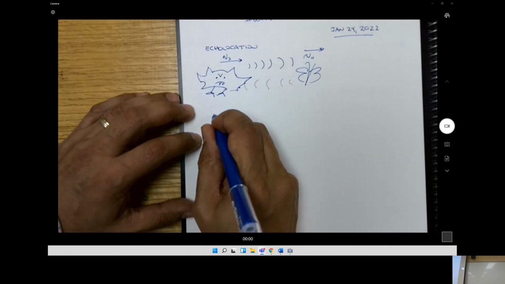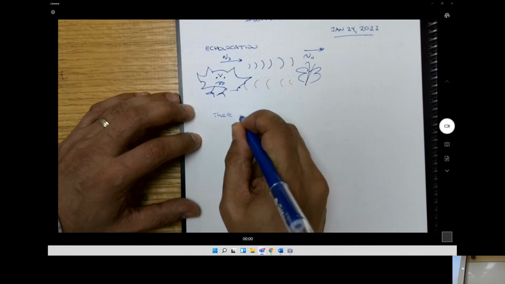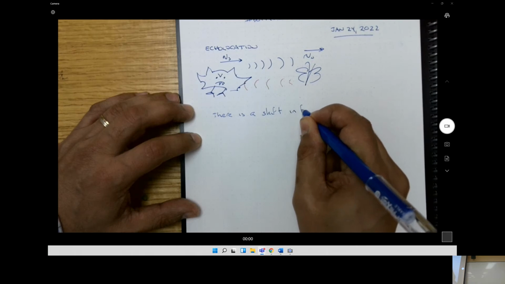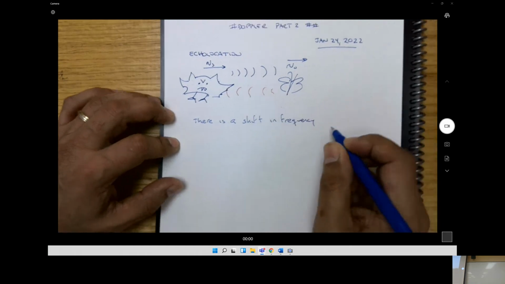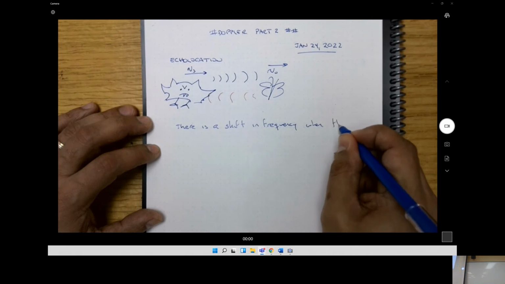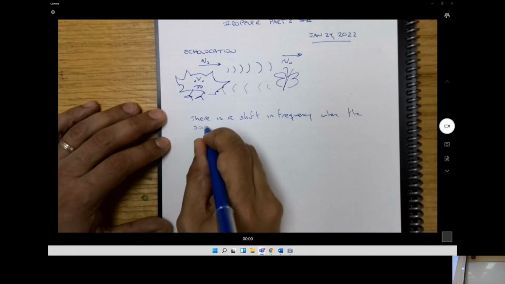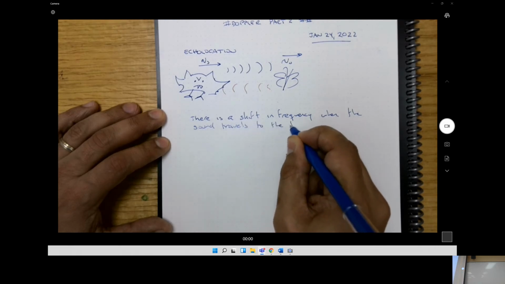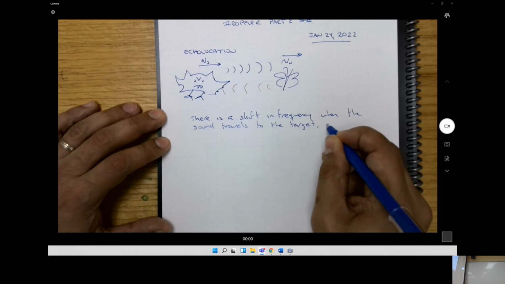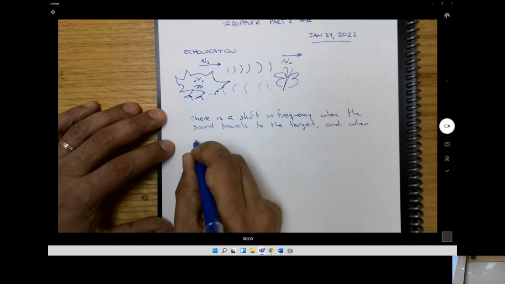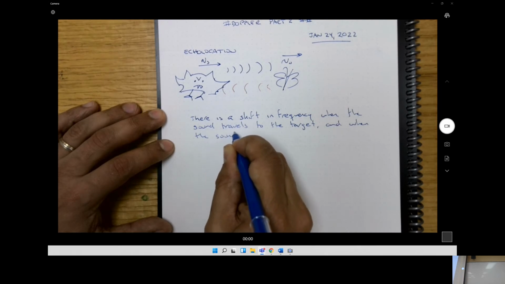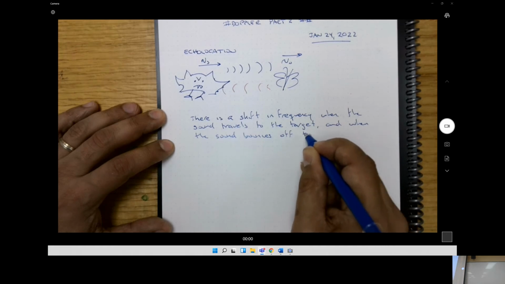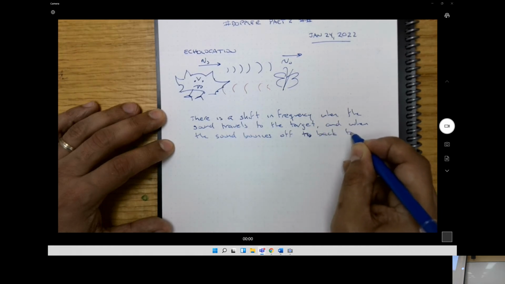Okay, so here's the thing that we need to figure out. There's a shift in frequency when the sound travels to the target, and when the sound bounces off back to the source.